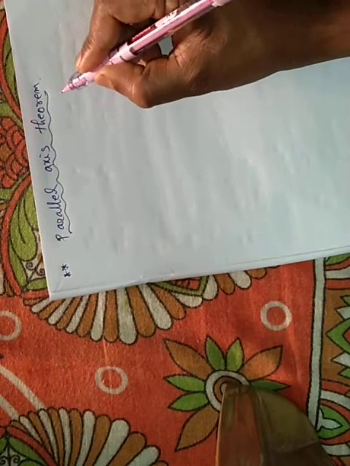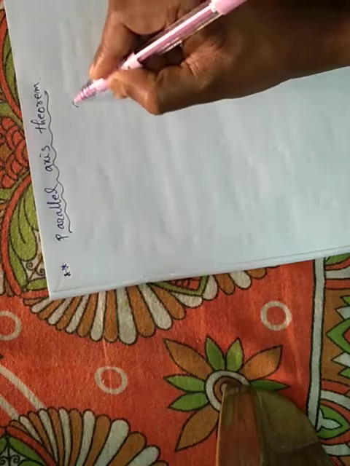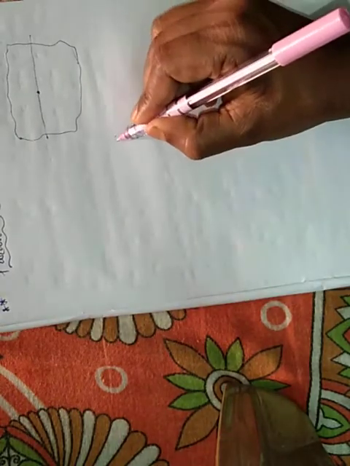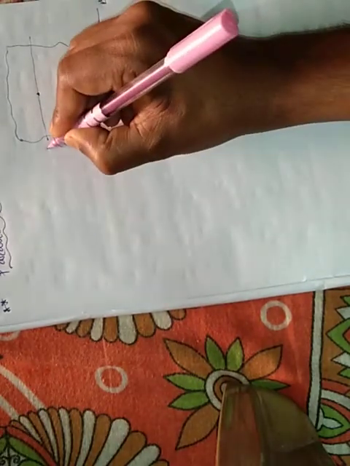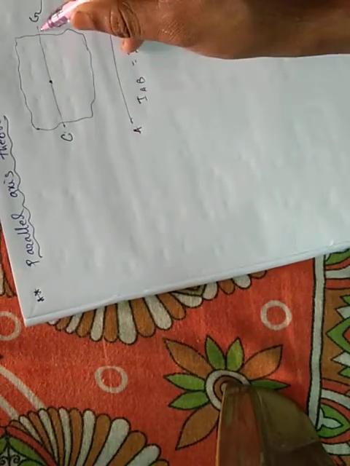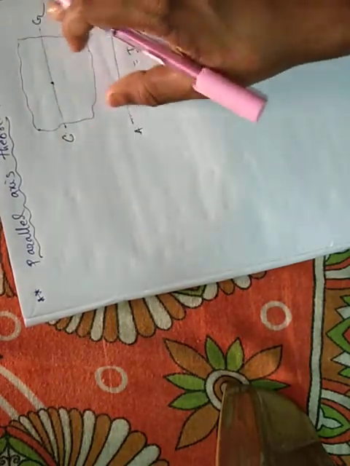If I consider a lamina, say this is the CG of the lamina, let me calculate the moment of inertia about the axis AB, not the CG. IAB equals moment of inertia about CG plus area of the thick lamina A into perpendicular distance from CG, say h, into h square. This is the parallel axis theorem.